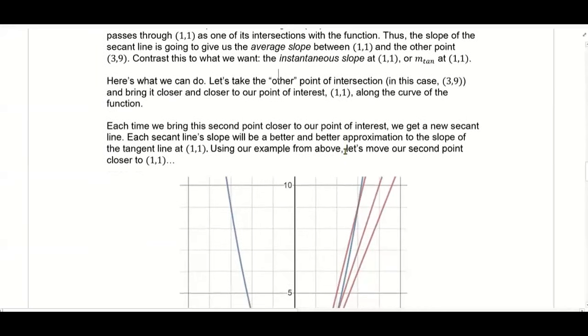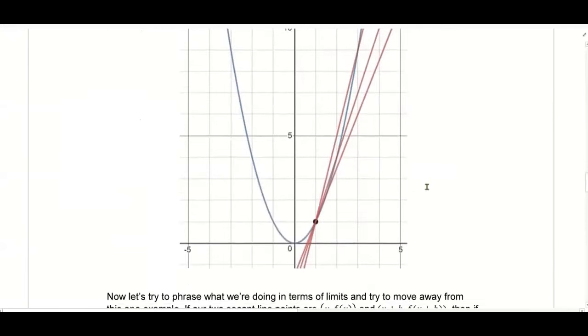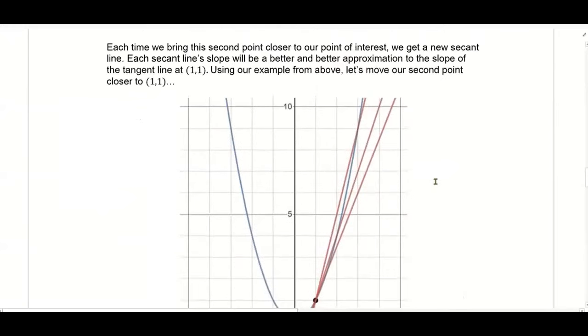So here's again where this idea of limits can really help us out. I'm going to scroll down and kind of talk through this here. So here's another picture with a couple different lines going on. Originally what we had was our point 1, 1 here and our point 3, 9 here. Let's take this second point. Let me use a different color. Let me use pink.